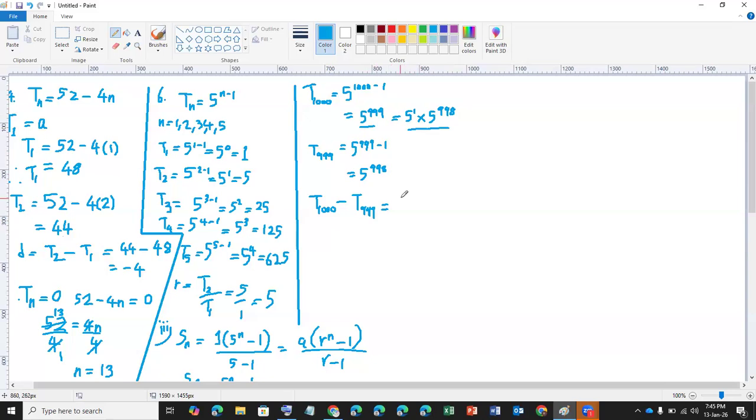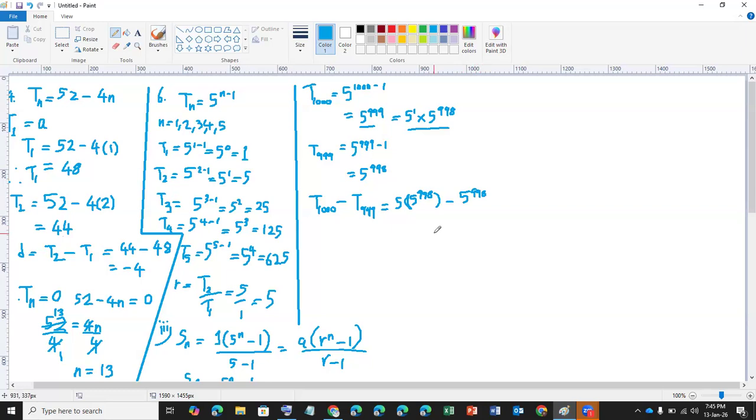So C1000 is going to be 5 times 5 raised to the power of 998, minus 5 raised to the power of 998. Okay, so can you guess what I'm going to do?